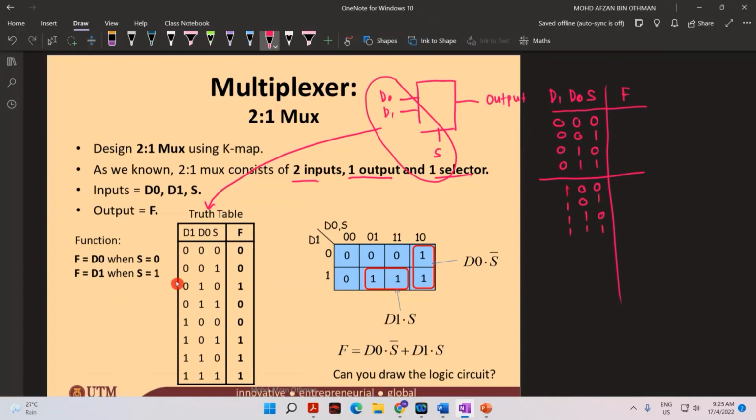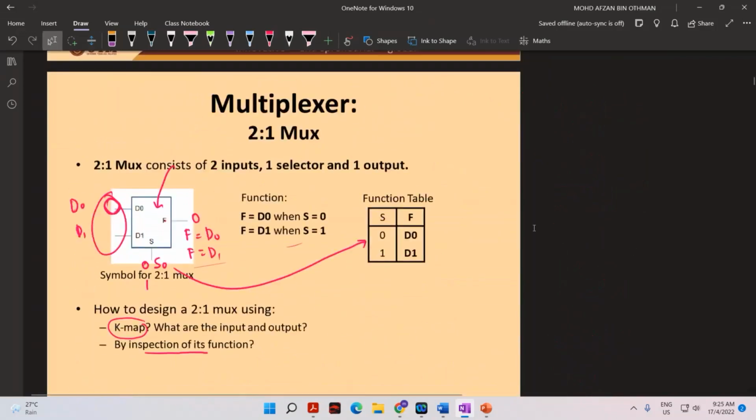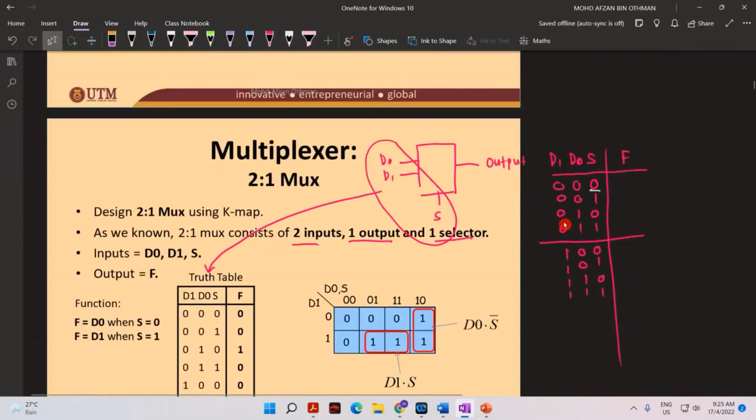Now, when S is 0, selector is 0, the output F is coming from where? Kalau kita lihat balik semula function table, bila S kosong, F daripada D0, bila S1, F daripada D1.